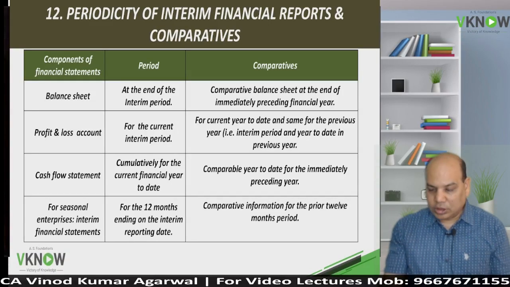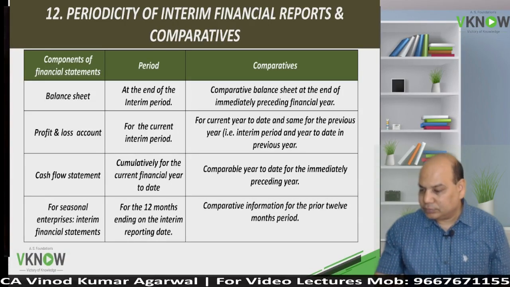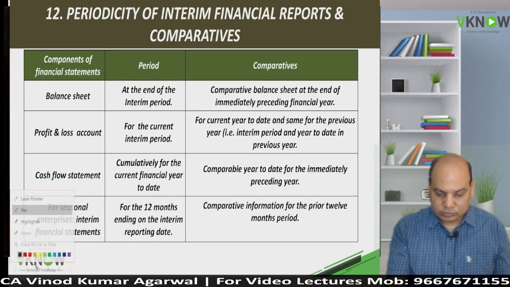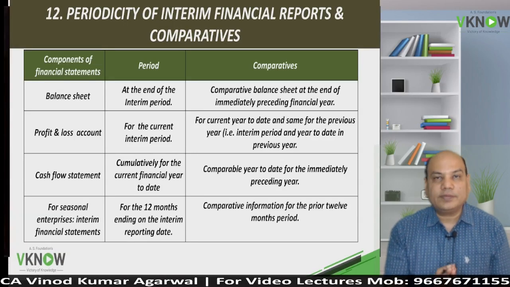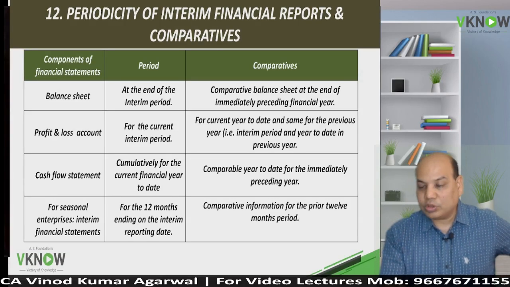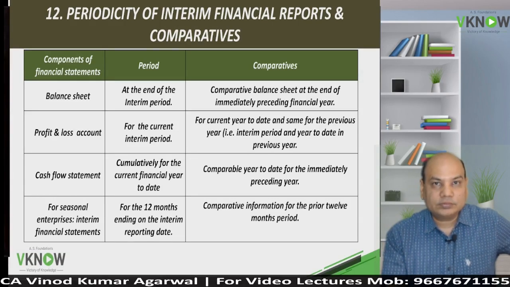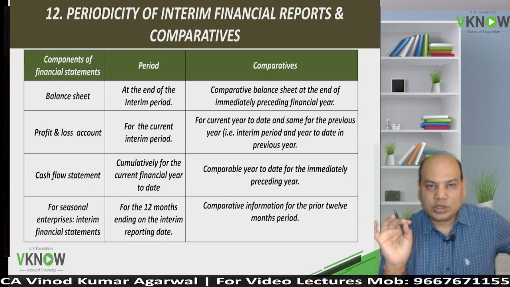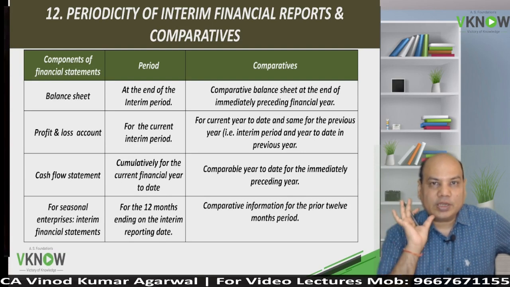Okay. Now very important paragraph number 12. What is this paragraph? Periodicity of interim financial report and comparatives. That is, what are the periods for which interim reports will be prepared and what are the comparatives you will give.